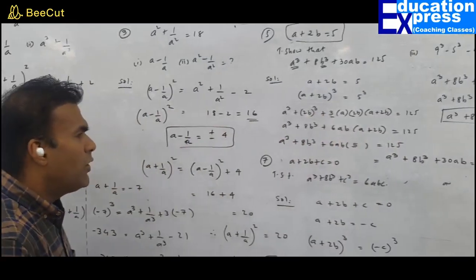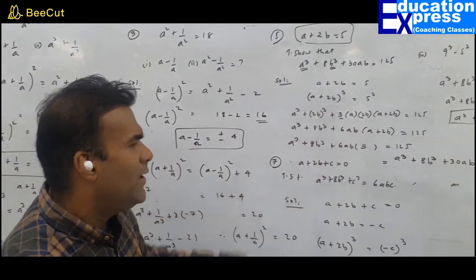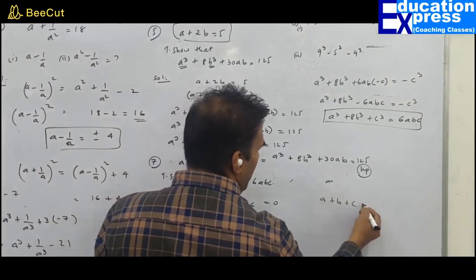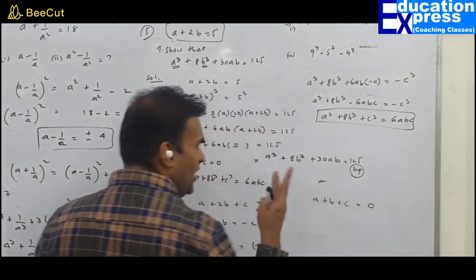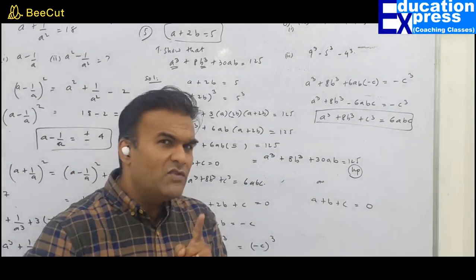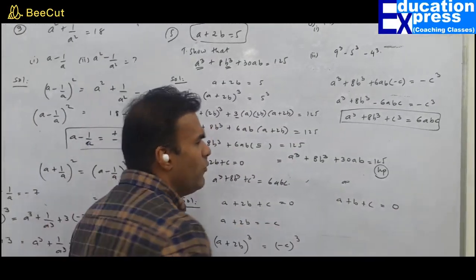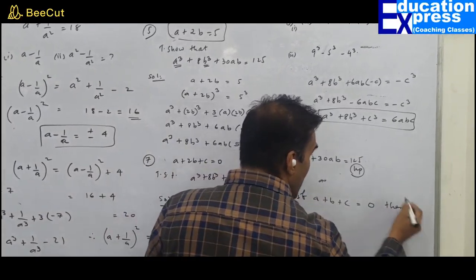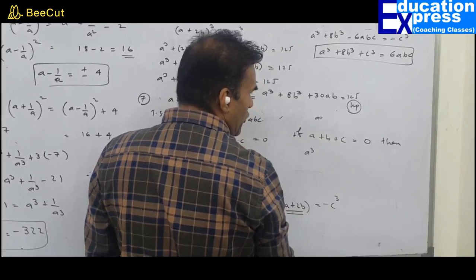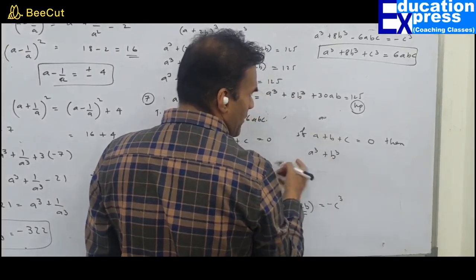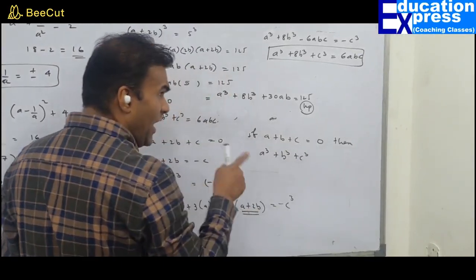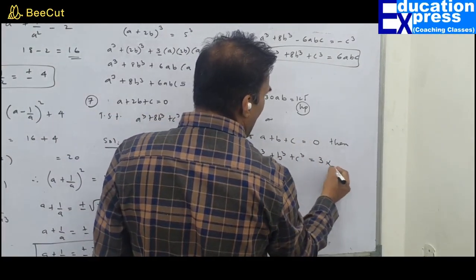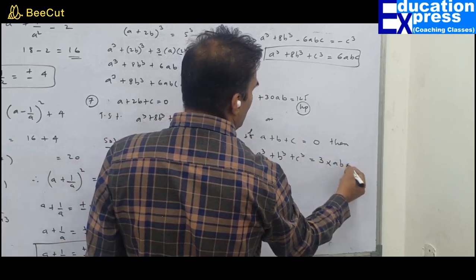There is a very important and interesting property related to this where they say that if the sum of three numbers equals 0, then the sum of their cubes, a cube plus b cube plus c cube, will always be equal to 3 times their product, a, b, c.